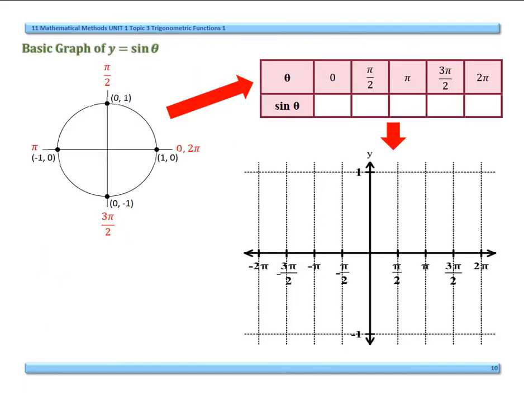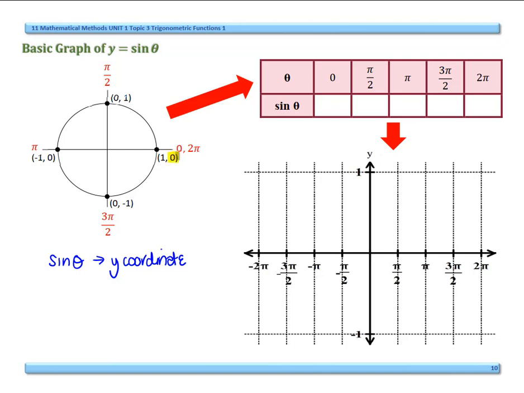So let's look at the basic graph of y equals sine theta. If we go back to our unit circle, we know that sine theta is our y coordinate. So our y coordinate when our angle is 0 is 0.